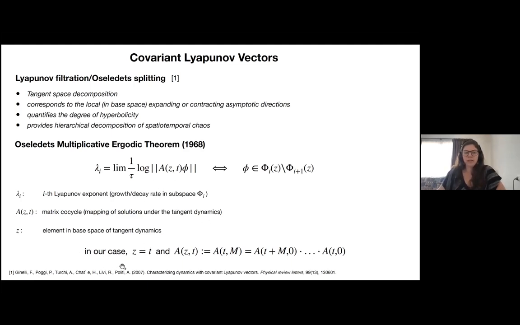In our case, our matrix cocycle is just a composition of linear matrices, and so you can just take a composition of that in time going forward, and our base space is just time because we are only dependent on that switching sequence, and it's not phase space dependent.